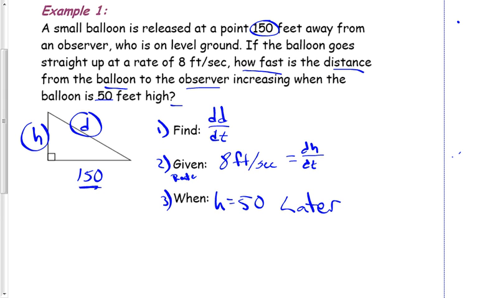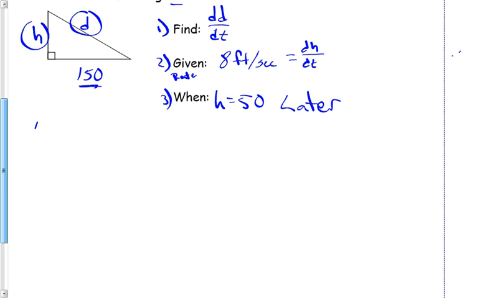Once you've identified what you're given, what rate you're given, what rate you want to find, we're going to use our picture and what we know about geometry to make a simple equation that relates the variables. Related rates. Relates the variables. Don't worry about derivatives at this point.